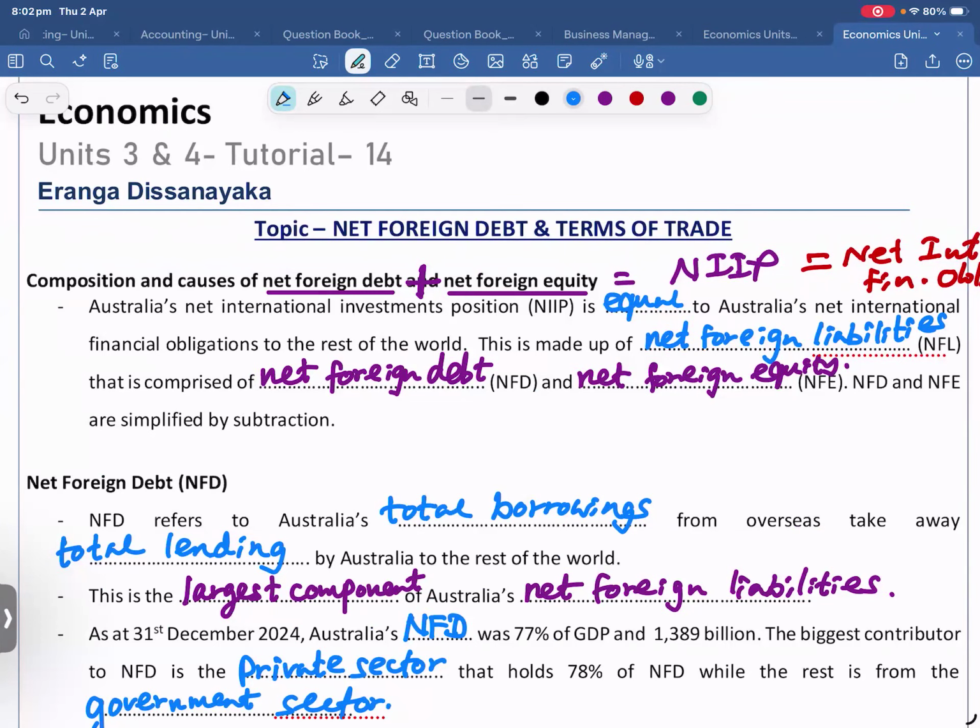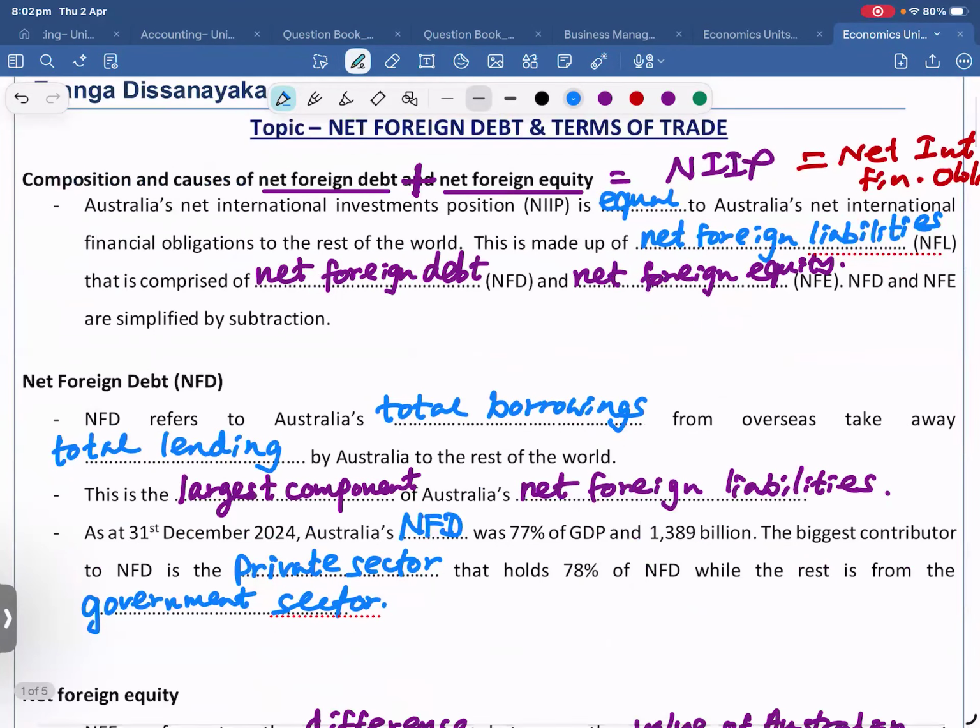Now, we have to simplify them. What do you mean by net foreign debt, guys? Net amount of foreign debt: how much we have borrowed from the rest of the world, or how much we have lent. So net means the total borrowings from the rest of the world, take away the total lending to the rest of the world.